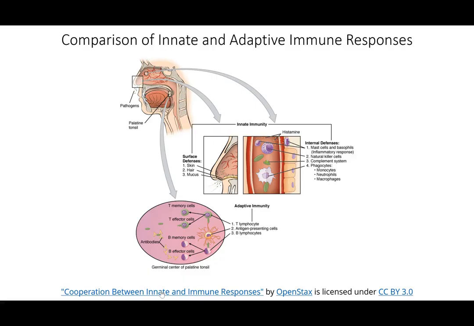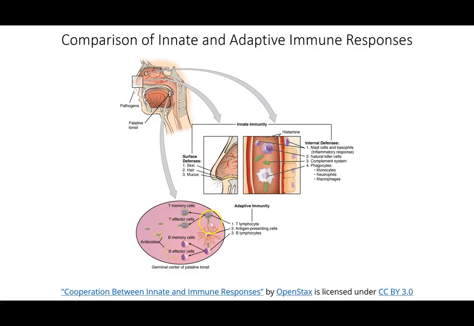Basically, once a pathogen gets past the innate immune response line and we get the adaptive immune response triggered, innate immunity will still continue. These cells will all keep working. They're not just going to stop once the adaptive immune response starts. They will keep going, but they get reinforcements in essentially.